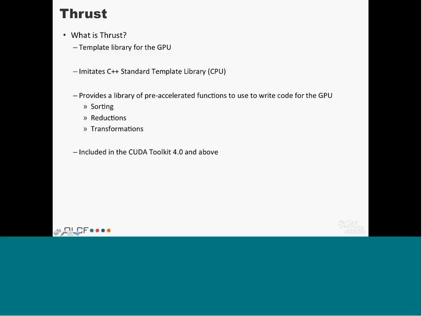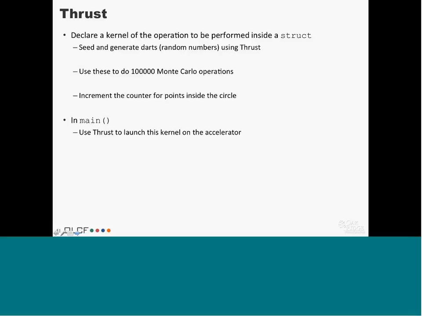It provides pre-accelerated functions that will store, reduce, and transform your data using the device, and this is in CUDA toolkit 4.0. If you have C++ code with a reduction, you can just use the Thrust reduction instead. So it's very easy to code and accelerate.